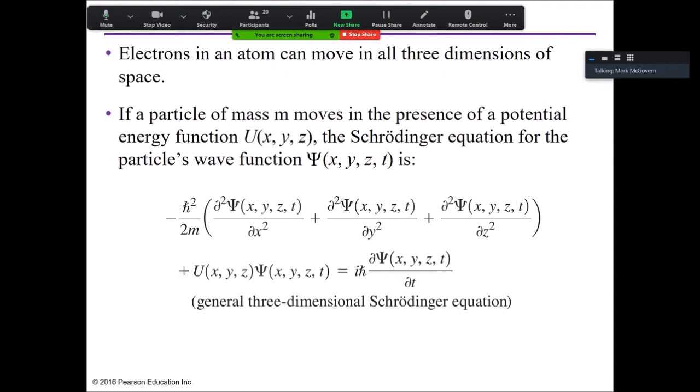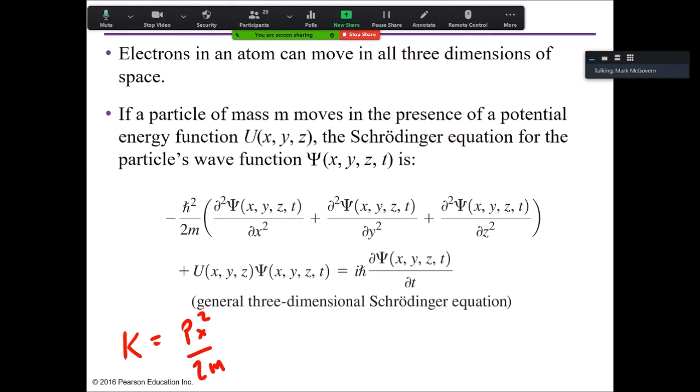So now, the first thing we want to do is look at the particle in a box problem that we had done earlier, but apply it to three dimensions. That's the idea. And so I'm going to write at the bottom here the following. For a free particle, that means no potential here, the kinetic energy of this particle is going to be equal to, so that's the x dimension stuff.